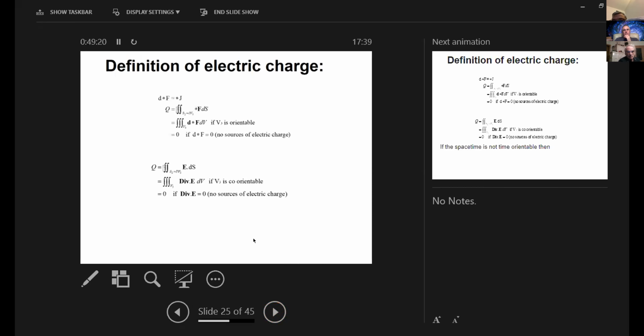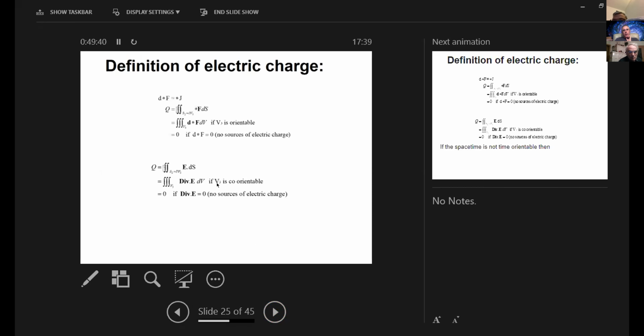And there's an analogous result for the magnetic flux. This fails because of orientability, but you can change it to the divergence theorem rather than Stokes' theorem.